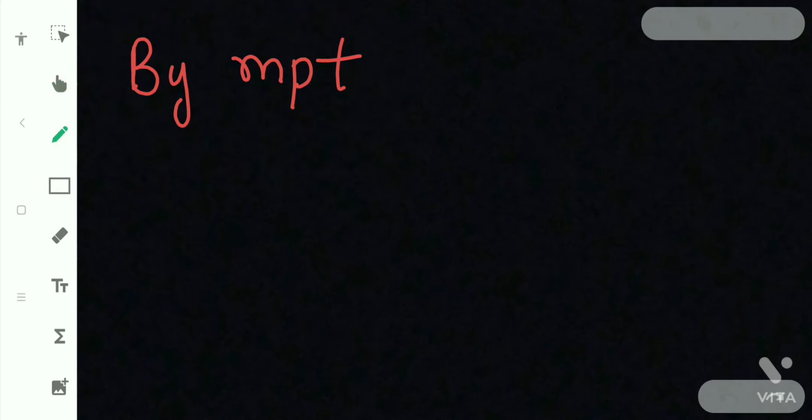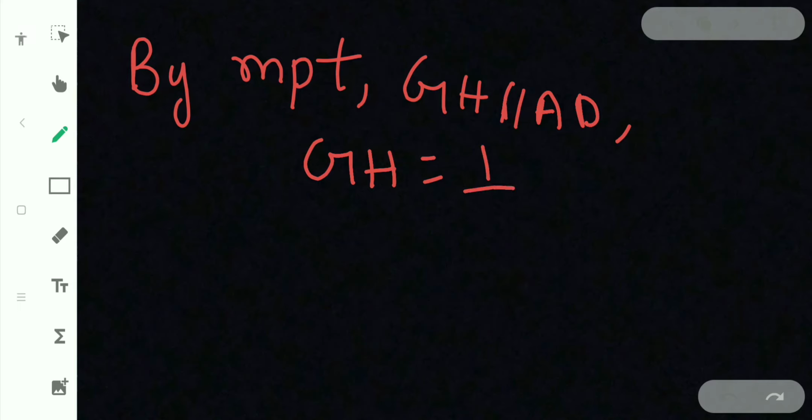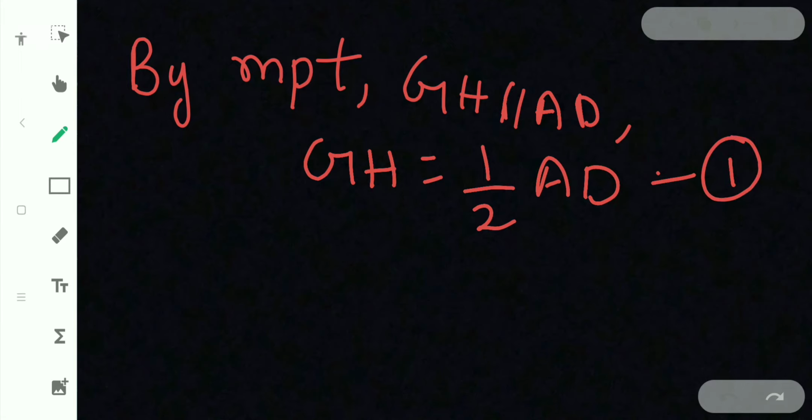So by the midpoint theorem, GH is parallel to AD and GH is equal to half of AD. Let us make it our first equation.